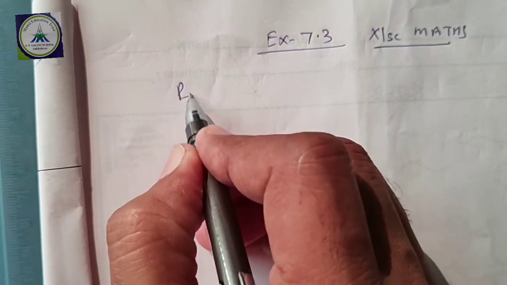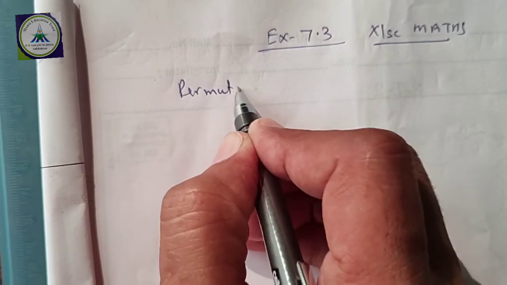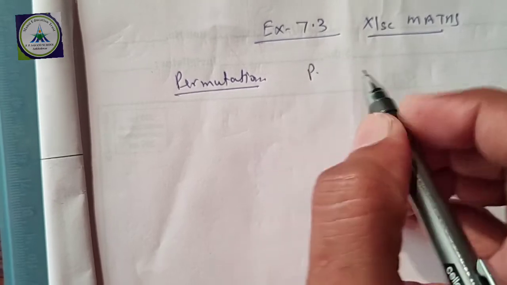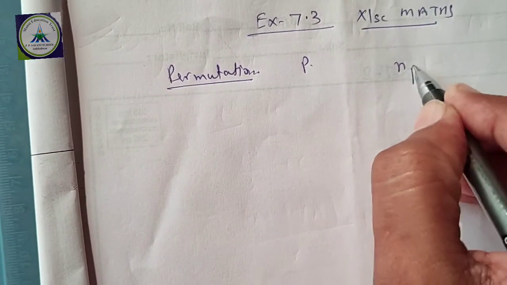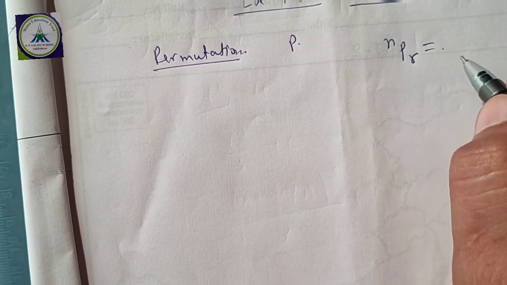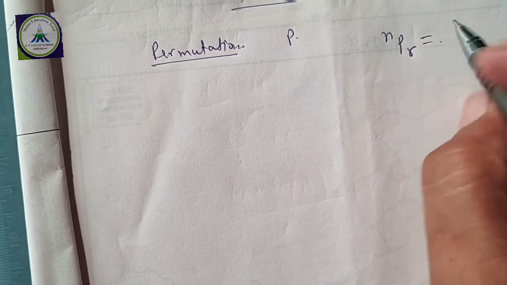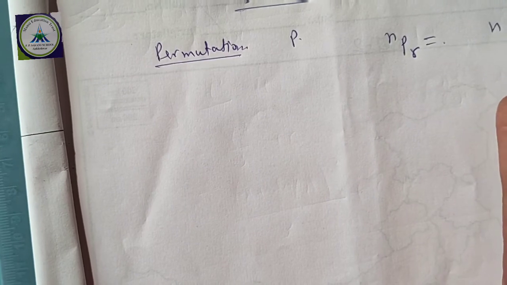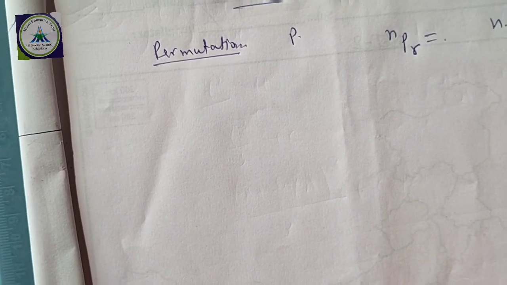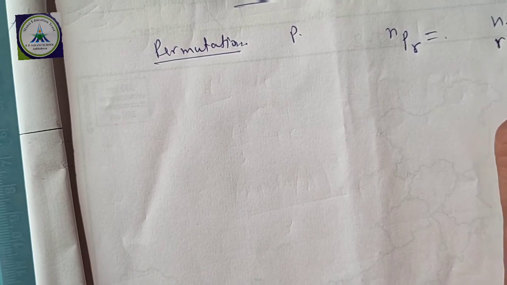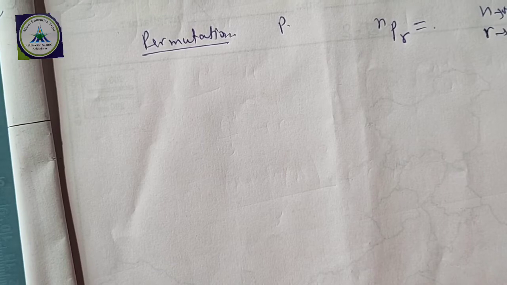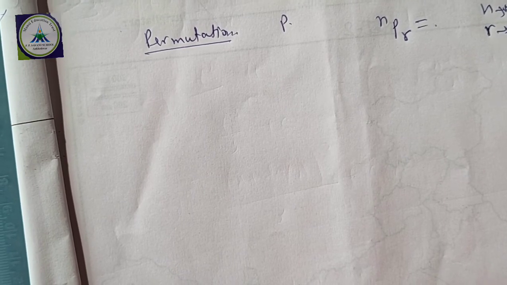Today, the permutation, denoted by P. So this is the nPr formula. P for permutation, n is the number of objects, and r is the number of trial times.